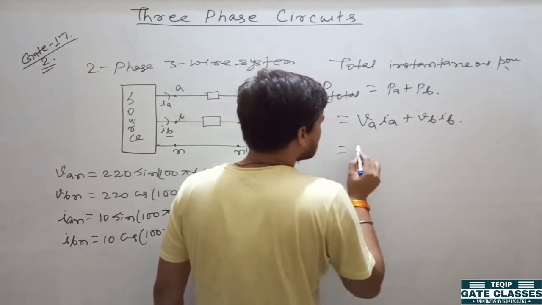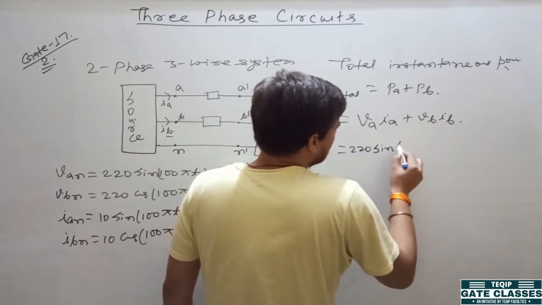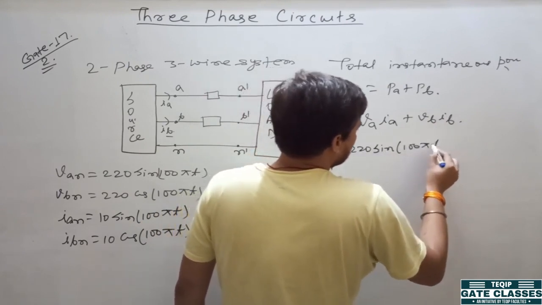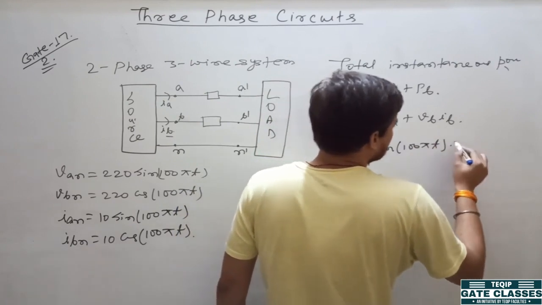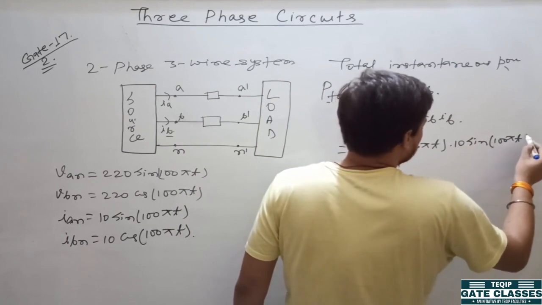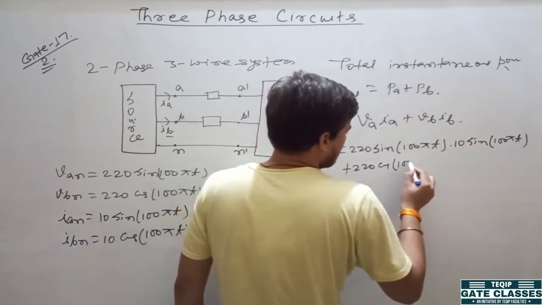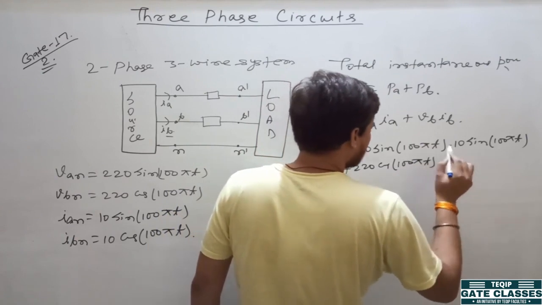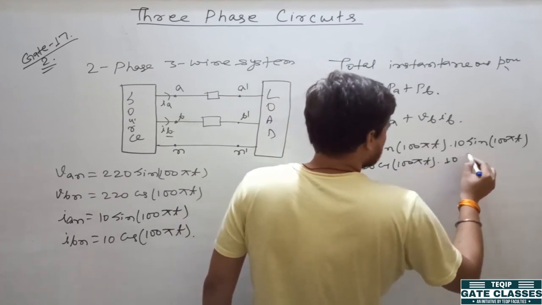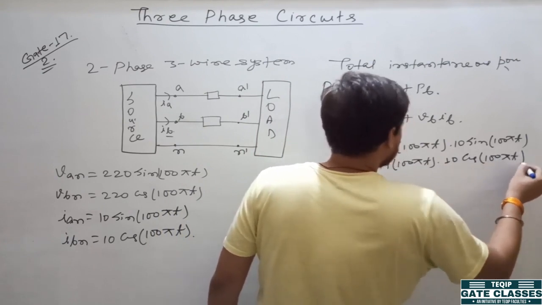So VA, the expression is 220 sine 100 pi t into IA 10 sine 100 pi t, plus VB 220 cos 100 pi t into IB 10 cos 100 pi t. So what do you see?